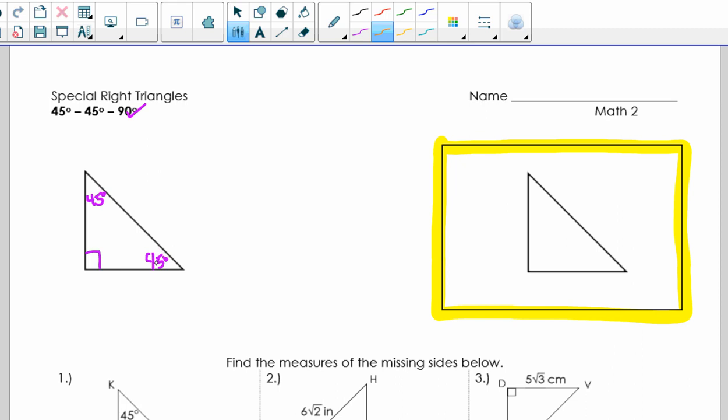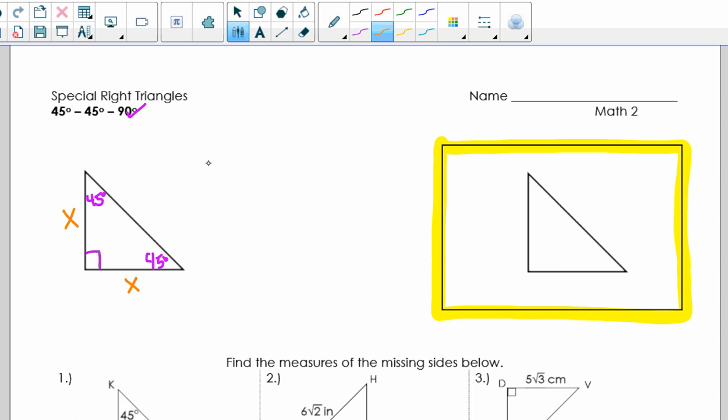So if this angle at the top here is 45 degrees and the side across from it we call x, this angle down here on the right that is also 45 degrees also has to be x, because they are going to be the exact same. So in a 45, 45, 90, you're always going to have an isosceles triangle, which means two of the side lengths are equal. Now, how do we find this third side length, that hypotenuse?